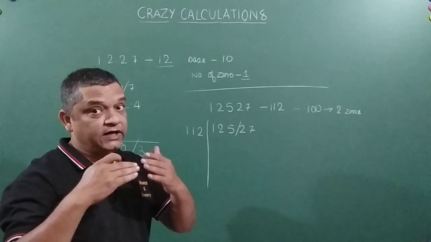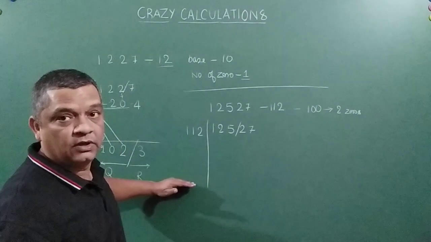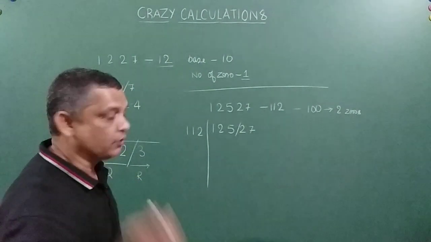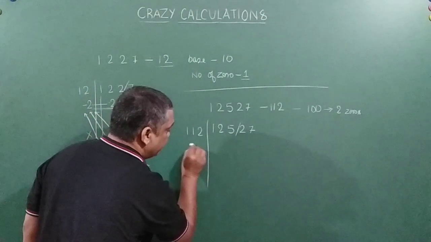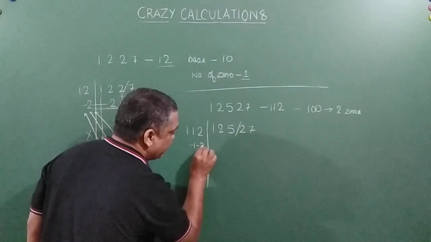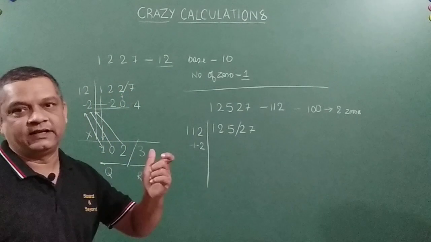So we need to write minus 12, correct? Because the sum of these two has to be equal to 0, but we will write it in this form. Please understand, minus 1 and minus 2. This is what you need to understand here.